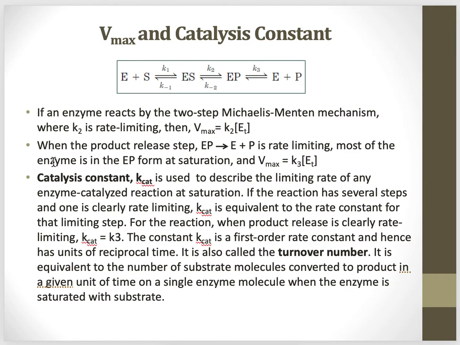Now, when the product release step, that is breakdown of EP into E plus P, is rate limiting, most of the enzyme is in the EP form at saturation. That means most of the enzyme will not be free or in the ES form but in the EP form, and in that case Vmax is represented by K3 times ET.